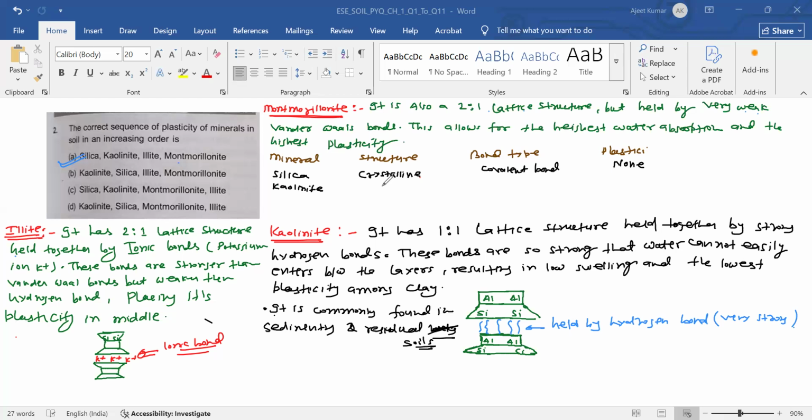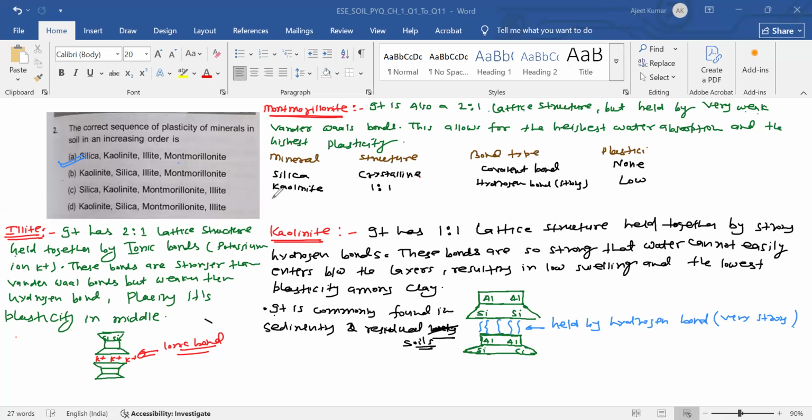Okay. If the mineral is kaolinite, then this is a 1:1 structure, and the bond is hydrogen bond, strong, plasticity low.